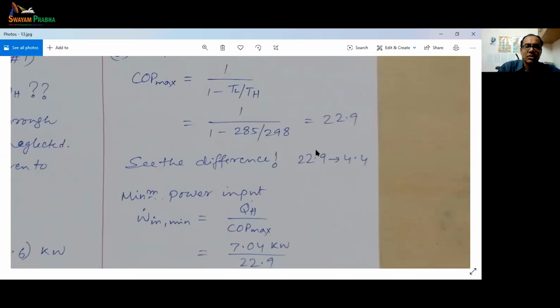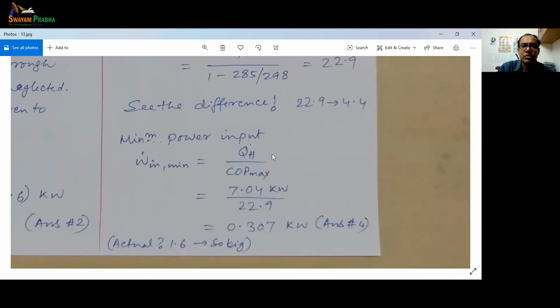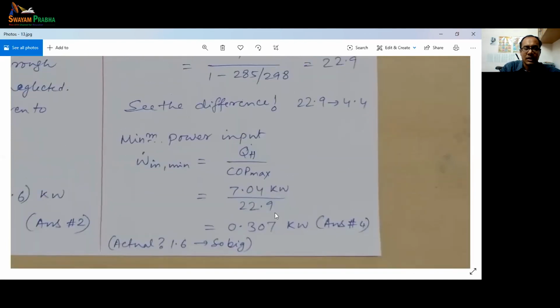So to get the minimum power input, we have to find the COP max, which is the Carnot COP. This minimum work input will be the heat output that you require divided by the maximum COP, that's 22.9. And the heat output is the same, 7.04 kilowatt. So the minimum work is 0.307 kilowatt, and that's our fourth answer.